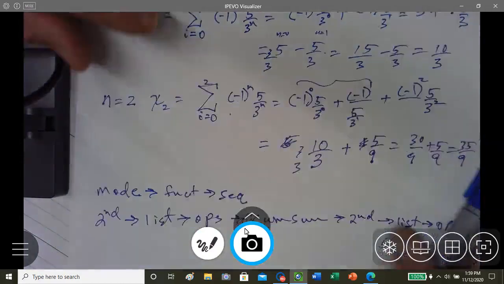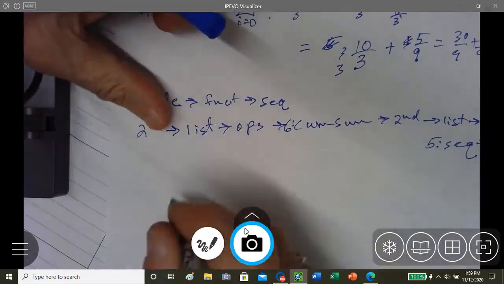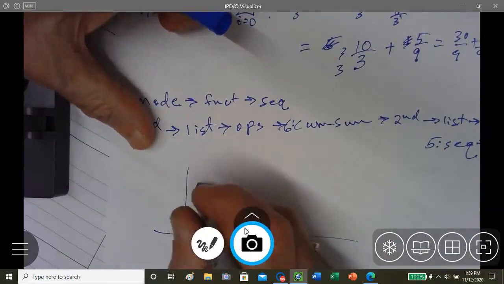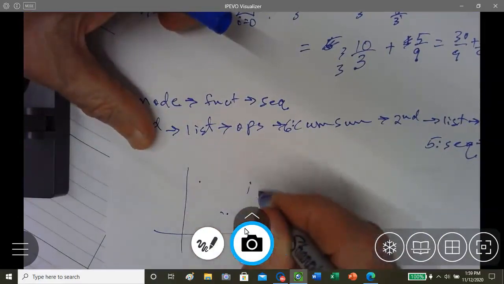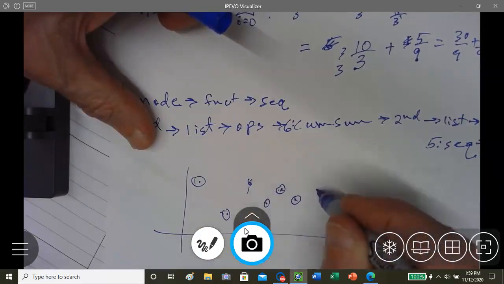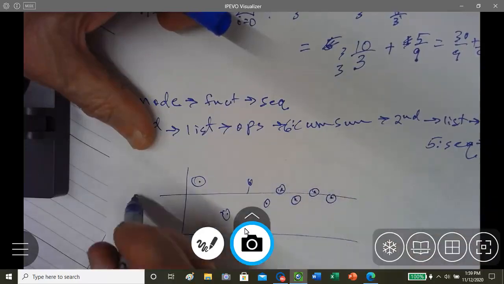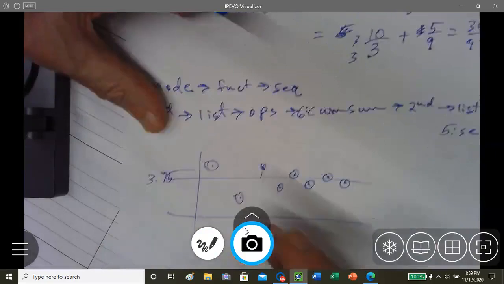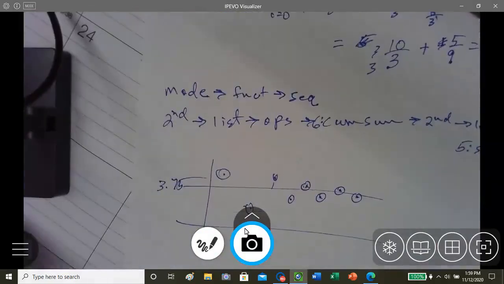So the points, if you looked at it on a graph, they're getting closer and closer and closer to 3.75. Okay.